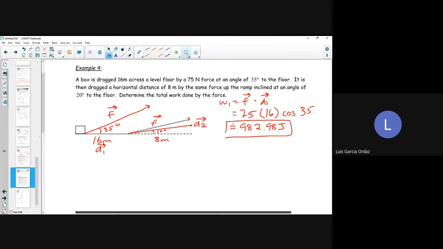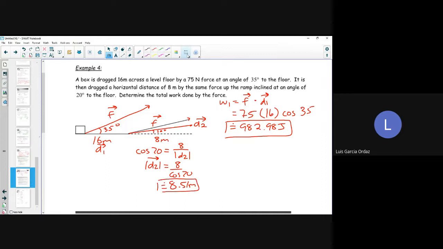So I'm going to use simple SOHCAHTOA. cos 20 is equal to 8 divided by the magnitude of my second distance up the ramp, which means my distance 2 is going to be 8 divided by cos of 20, which gives me approximately 8.51 meters.